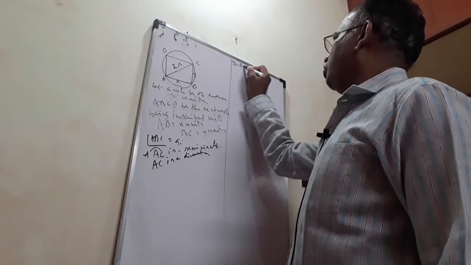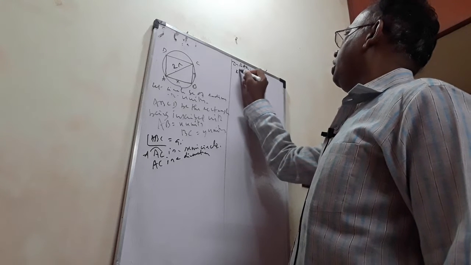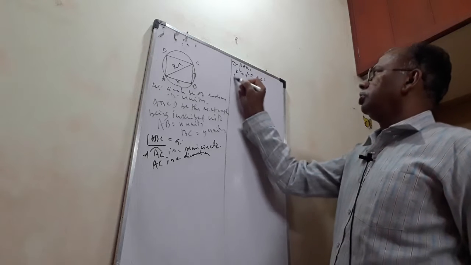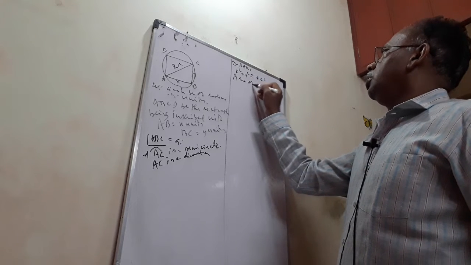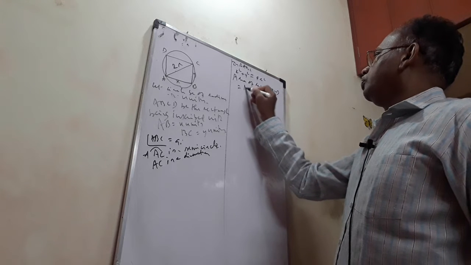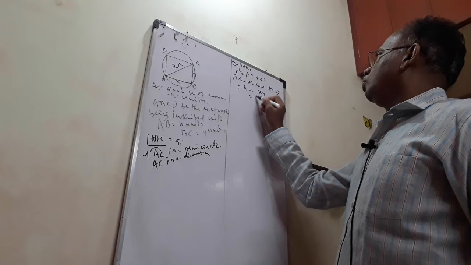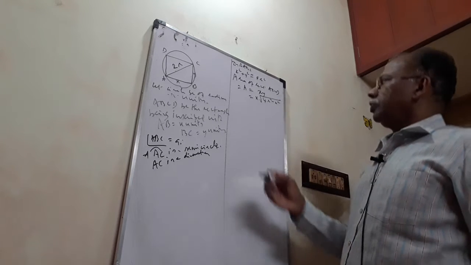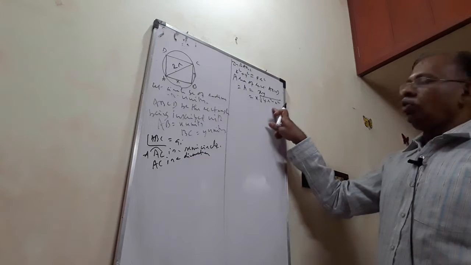Therefore, in triangle ABC, I get x square plus y square is equal to 4r square. Now, area of rectangle ABCD is A equal to xy, which is x into root of 4r square minus x square. But there is a root over here.